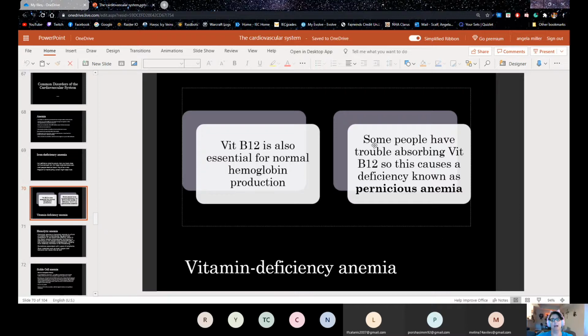Some people have a lot of trouble absorbing B12 from their foods, and so their body becomes anemic because the stomach's not absorbing what it needs. This is known as pernicious anemia. It's not as common as iron deficiency is. And we lump this into a vitamin deficiency anemia.